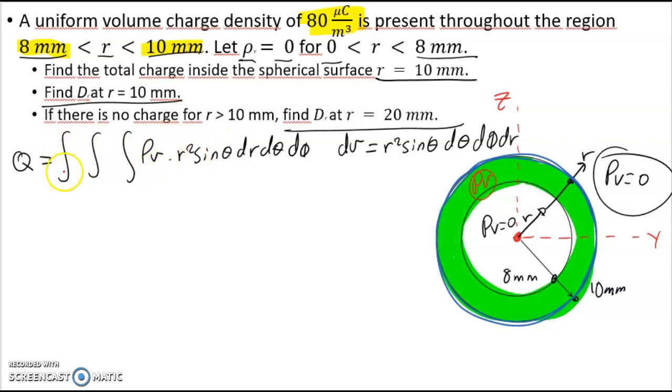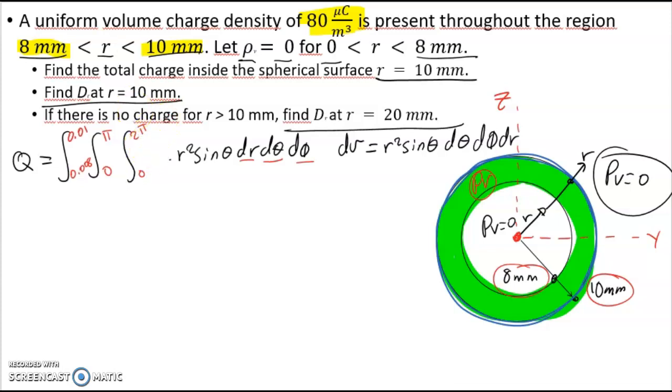We're going to integrate the radius from 0.008, that means 8 millimeters, to a radius of 10 millimeters, 0.01. For theta, we integrate from 0 to pi, and for phi, we integrate from 0 to 2 pi.